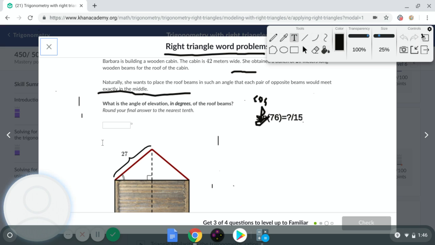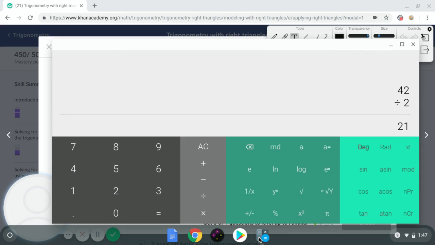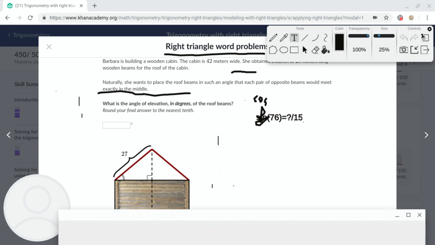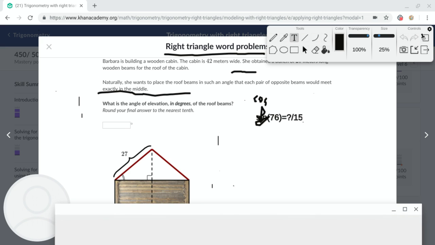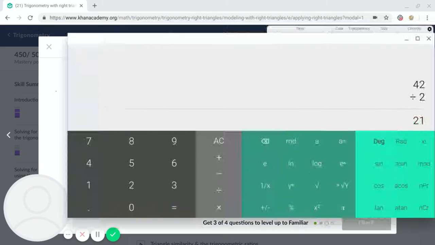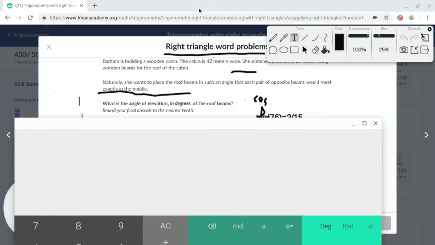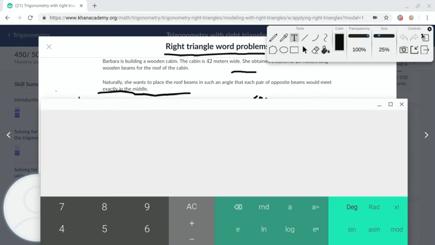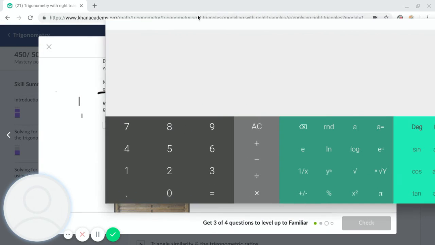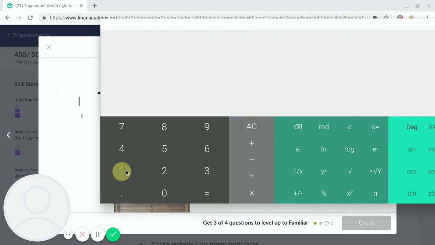So we're going to do the adjacent by the hypotenuse, which is adjacent over hypotenuse, that is the cosine. Yes, okay. Adjacent over hypotenuse. So we are going to divide those, since we're using the inverse ones. 21 divided by 27.